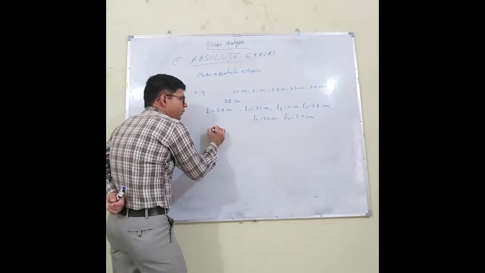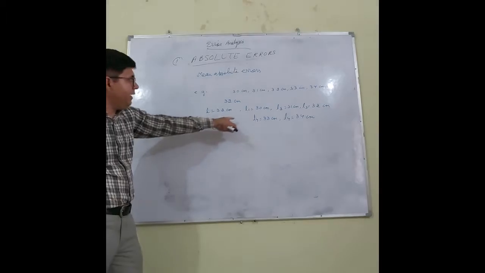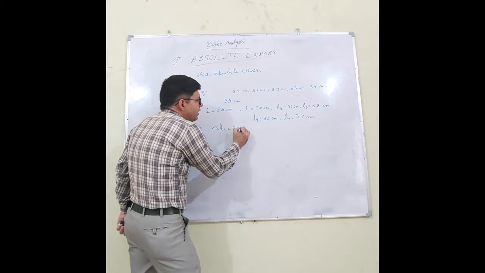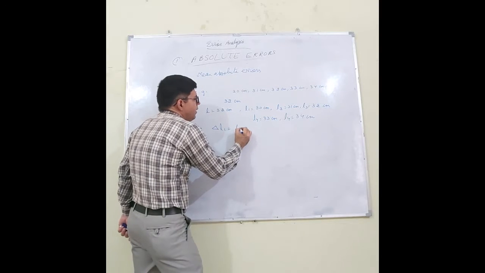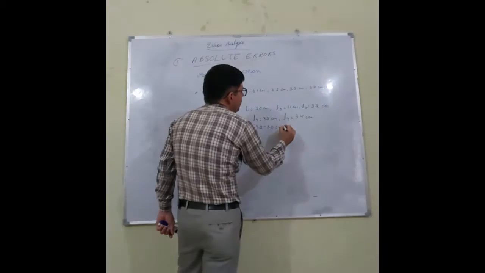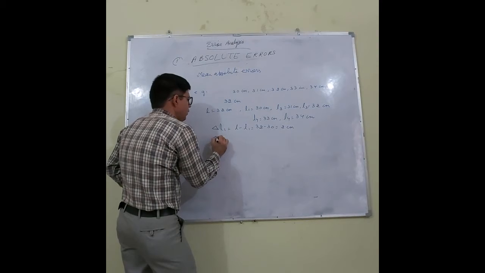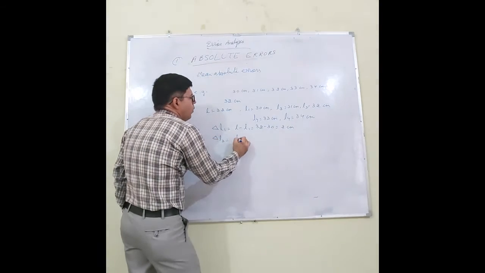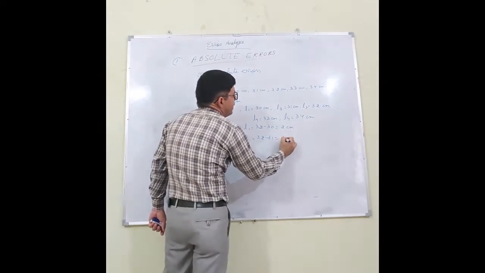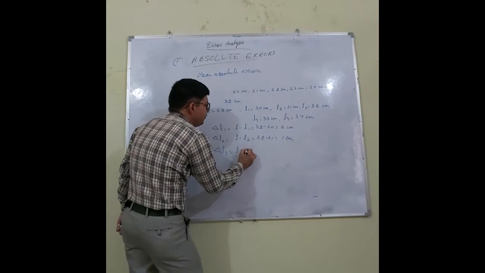Now, if I ask what is the absolute error in the first observation, you will say the actual value 32, that is L minus L1, 32 minus 30, it is 2 centimeter. What is delta L2? L minus L2, 32 minus 31, it is 1 centimeter. And what is the absolute error in the third measurement?